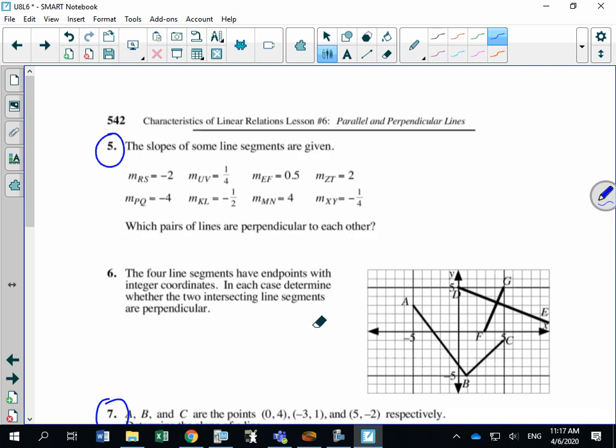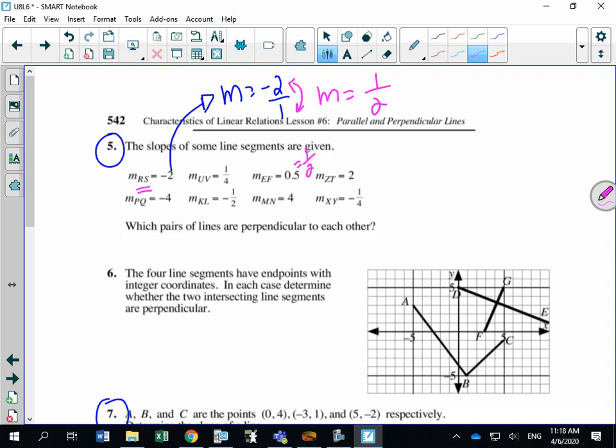So how I would do number 5 is, for example, if the slope of this is negative 2 over 1, write down what the perpendicular slope would be. So the perpendicular slope would be 1 over 2, right? So if that's negative, this guy would be positive. And there is, oh, 1/2 right here.